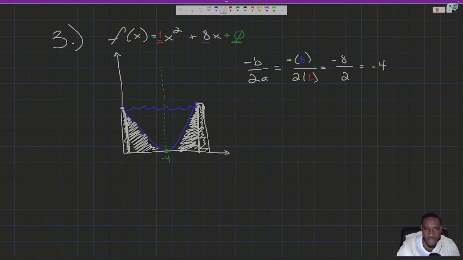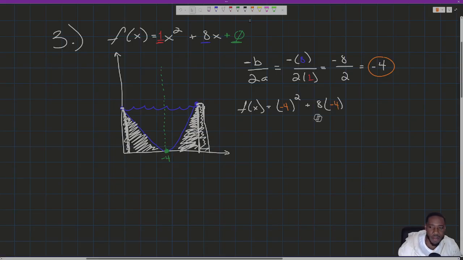Hopefully you notice when I plug in here, but for right now, let's just say we got that. So once I plug that in, f of x is equal to 1, or I don't have to write the 1 because we understand that's the identity property. So I'll just say x squared plus 8 times x, and we're plugging in a -4 for both of those places. Again, -4 coming from what we found there in our negative b over 2a.